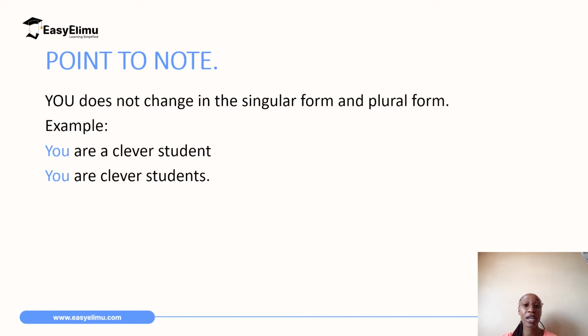So take note of that. The pronoun you does not change in the singular or in the plural, like in the example stated there, you are a clever student, you are clever students. So regardless of whether it is singular or plural, you does not change.